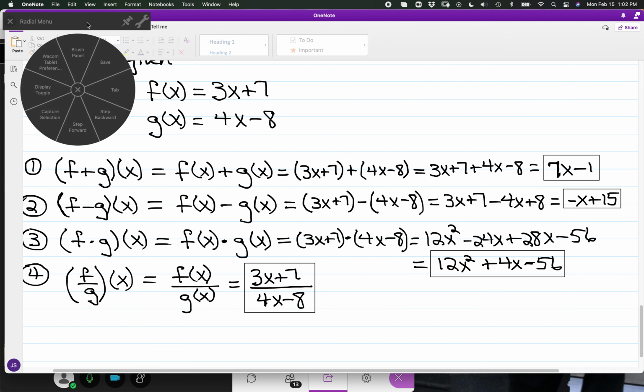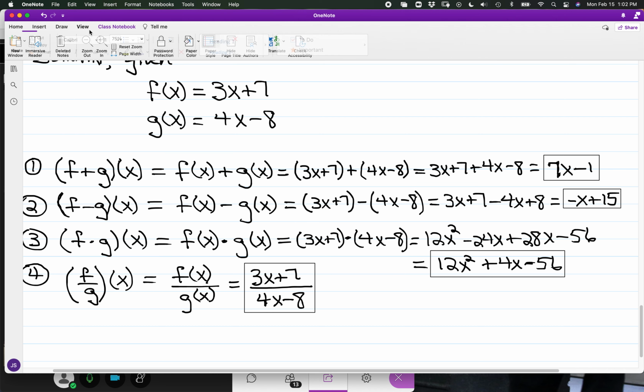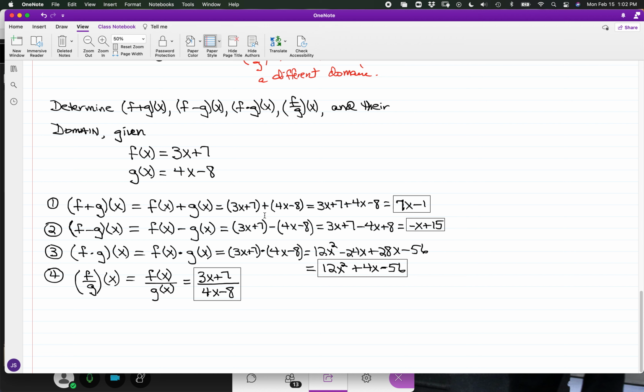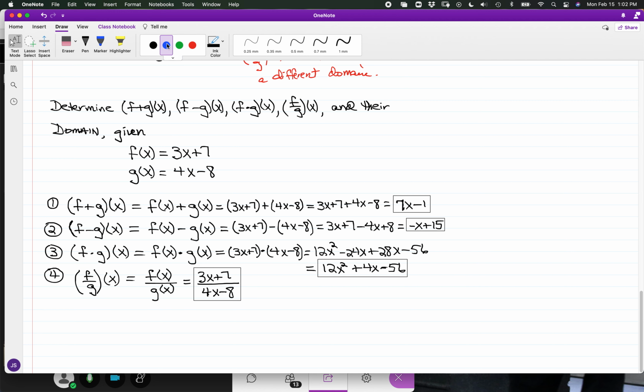Now, in the case of what we have concerning the domains, again, for f of x and g of x, both of these are linear functions. You don't see a fraction, and you do not see anything like a square root or any other kind of even roots. So for f of x as well as g of x, you're not going to have any restrictions.